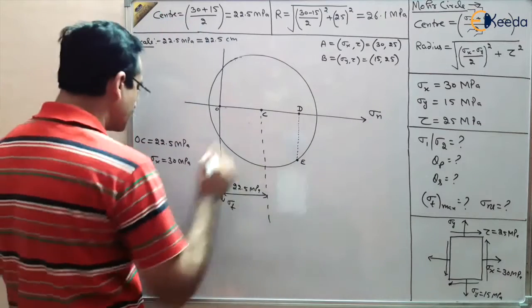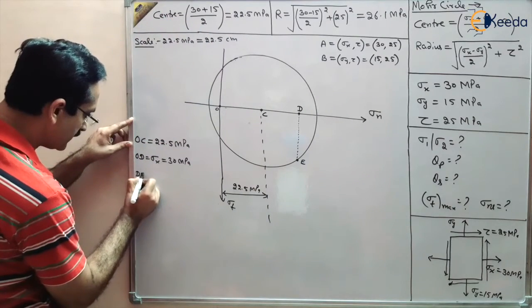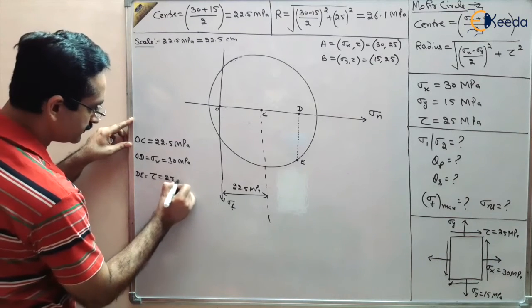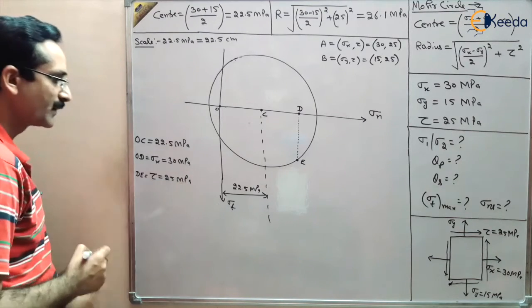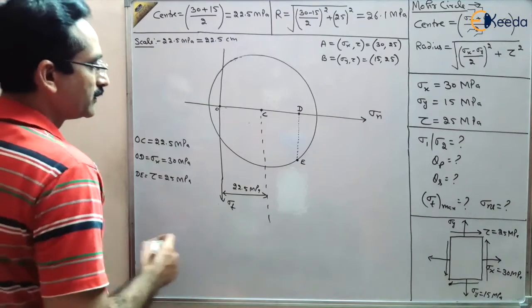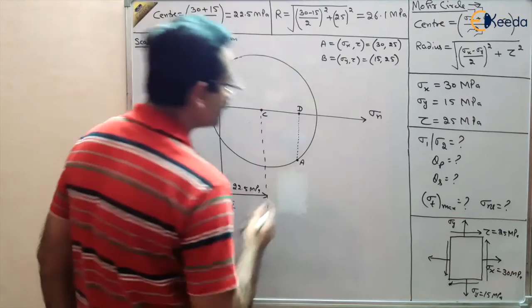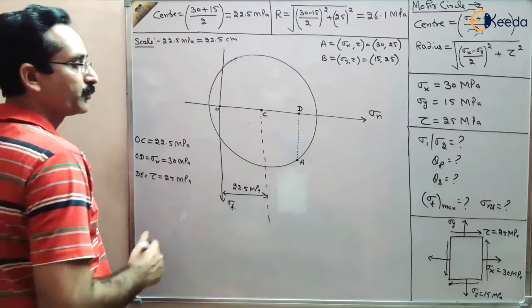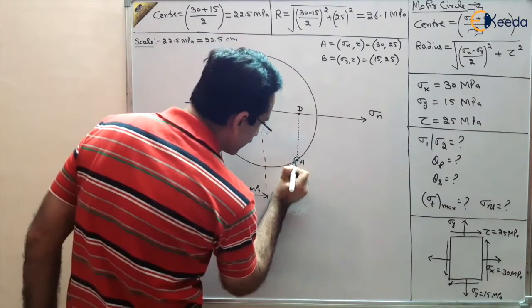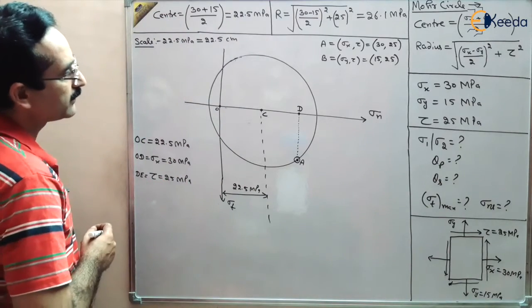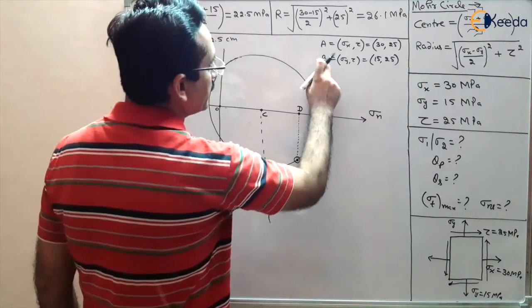So DE is basically the shear stress, which is equal to 25 megapascal, right? So this is point A, and we have got point A. Now point A is located here, right? Now our aim is to locate point B.